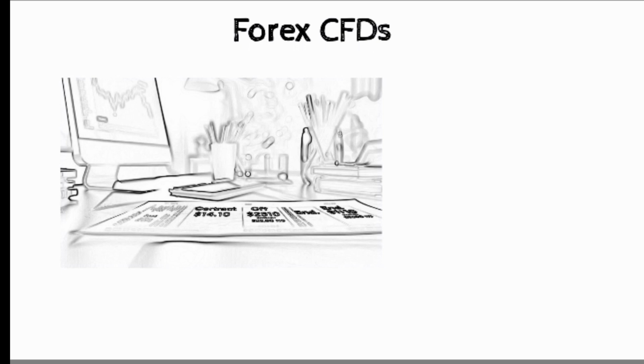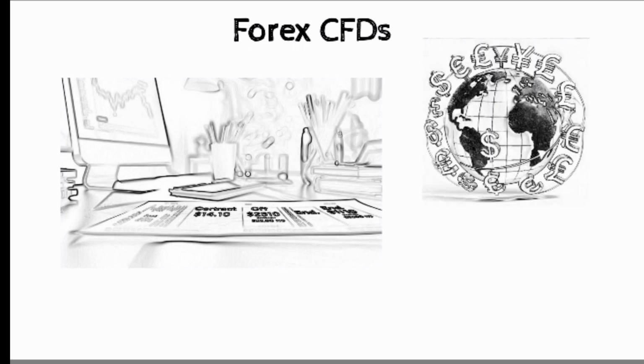A CFD is an agreement, usually between a trader and a CFD provider, whereby one party promises to reimburse the other for the difference in a security's value between the start and end of the trade. To put it another way, a CFD is essentially a wager on the value of a certain asset rising or falling. You and the CFD provider agree that the winner of the wager will reimburse the other party for the difference between the asset's price at the start of the trade and its price at the end.